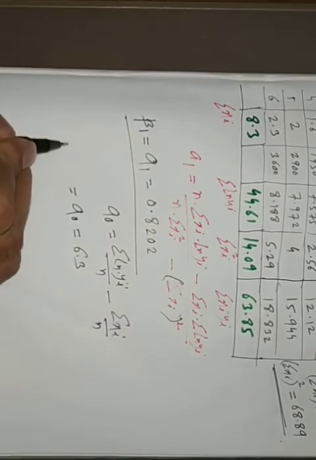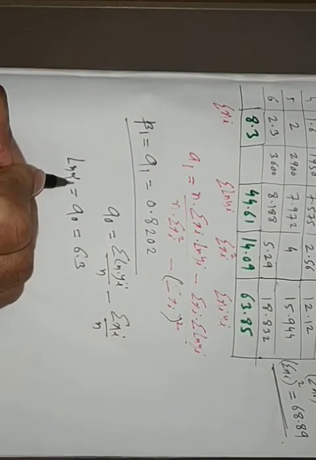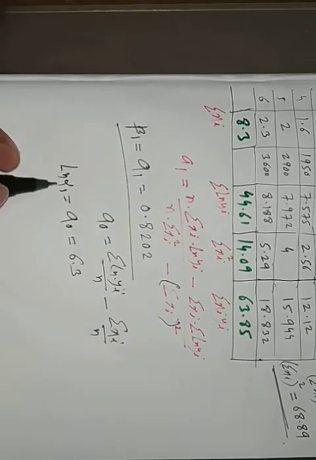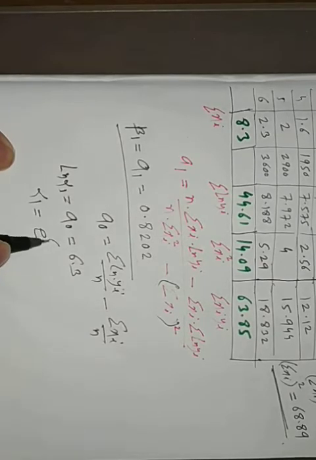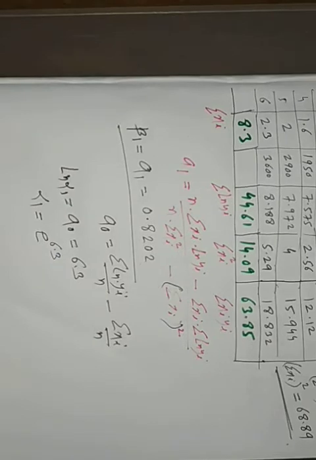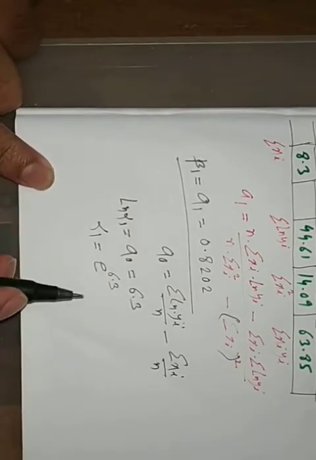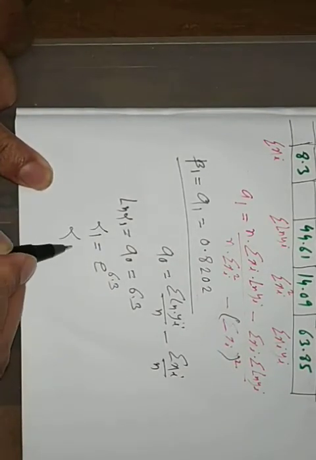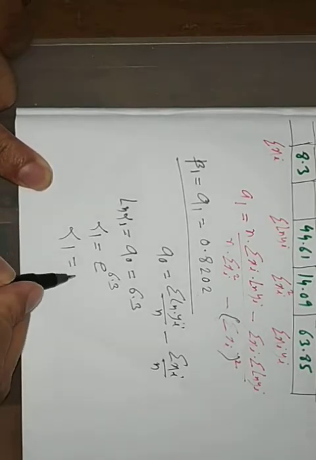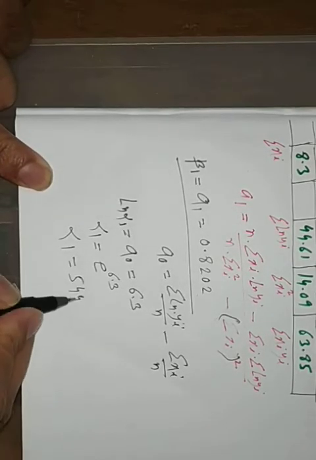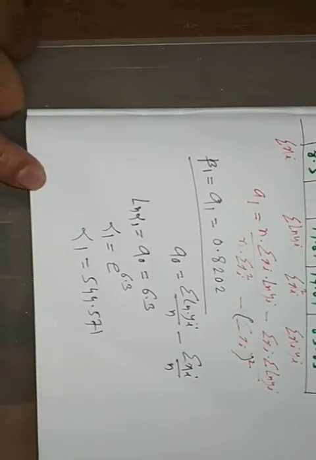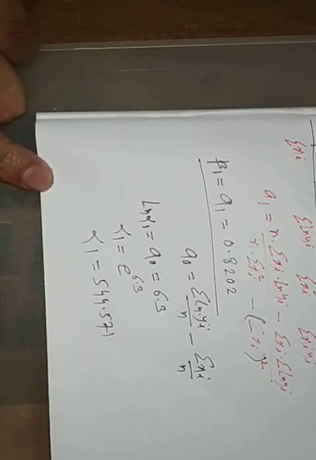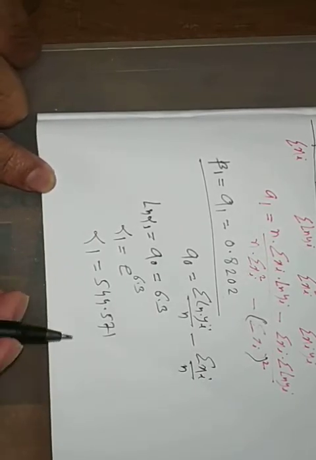So we have found out ln of alpha 1. So how to find out alpha here? Alpha 1 will be equal to e raised to 6.3. So alpha 1 will be equal to 544.571.